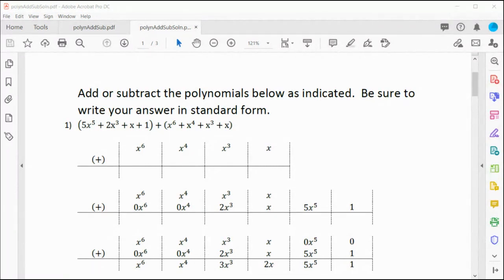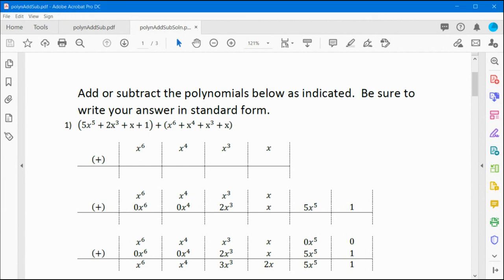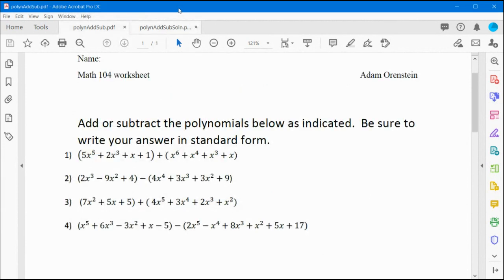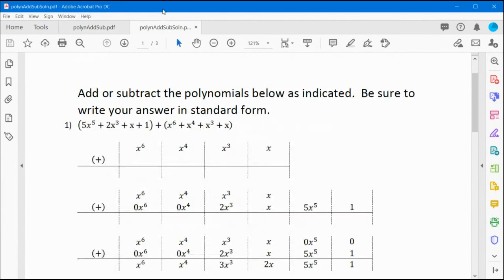Okay, so again, we're adding these two polynomials together. I'm going to add it using the vertical method. It really doesn't matter which polynomial goes on top, because you're adding here.